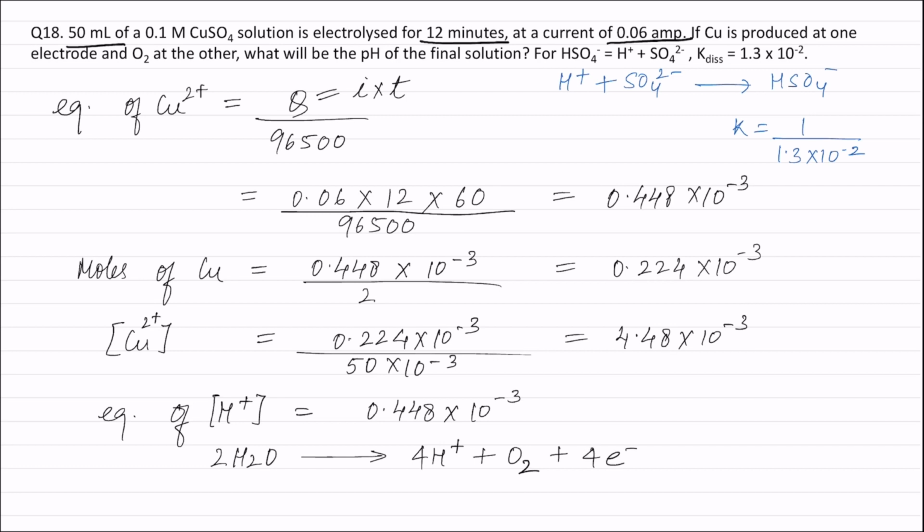Now, equivalents of H⁺ ions present in the solution is 0.448 × 10⁻³. Therefore, moles of H⁺ ions present in the solution will also be equal to 0.448 × 10⁻³ because valency factor of H⁺ is 1.